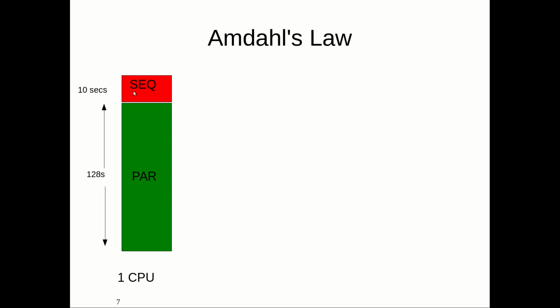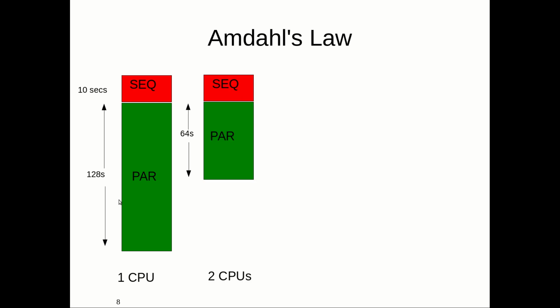Say the sequential part takes 10 seconds and the parallel part takes 128 seconds. If we now use two CPUs, in an ideal case where our parallelization is really good, it halves the time for the parallel part, but the sequential part still stays the same.